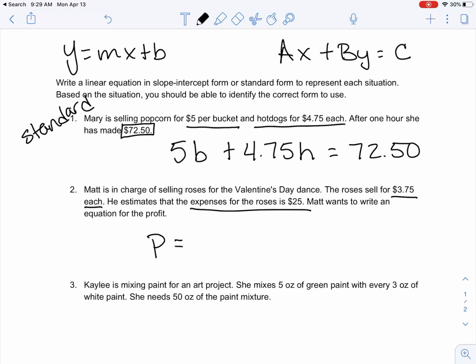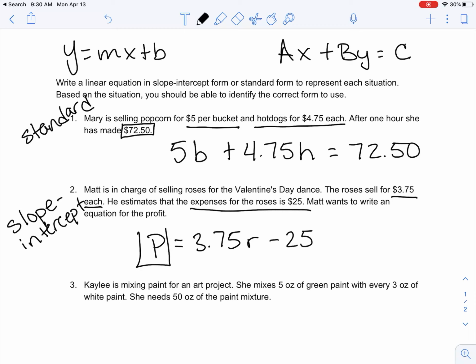So he says profit is $3.75 per rose minus $25 because that's what he had to spend to get started. So this would be slope-intercept, because we're solving for a variable here rather than a constant like we did in the first one.